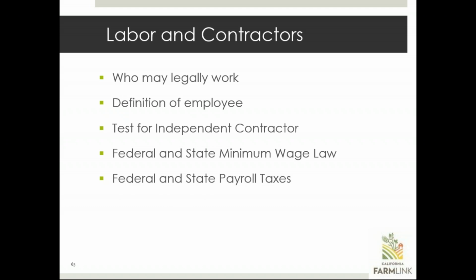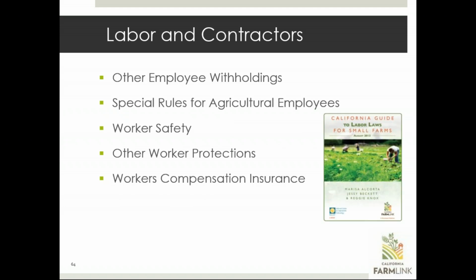And then on the next slide, there is an image and link to a resource that FarmLink put together with NCAT and some other organizations, a guide to labor laws for small farms in California. So I encourage you to check that out.